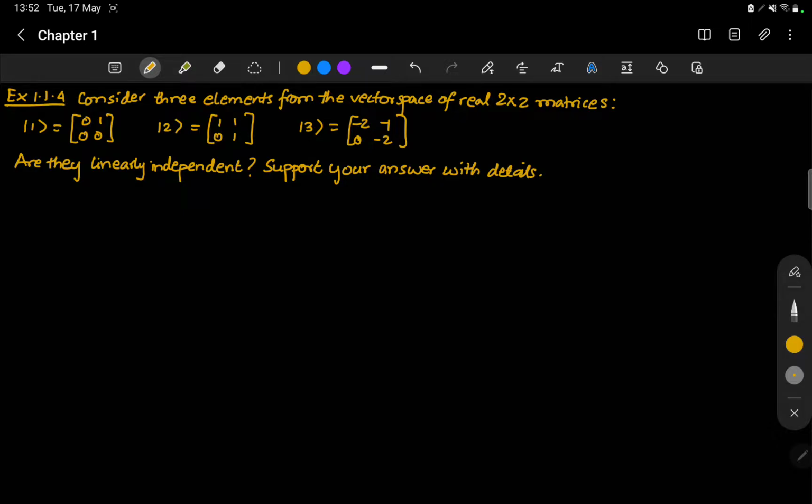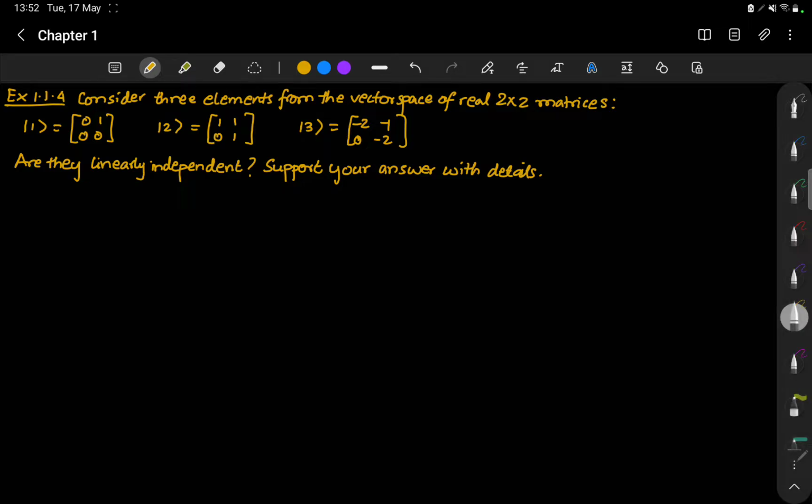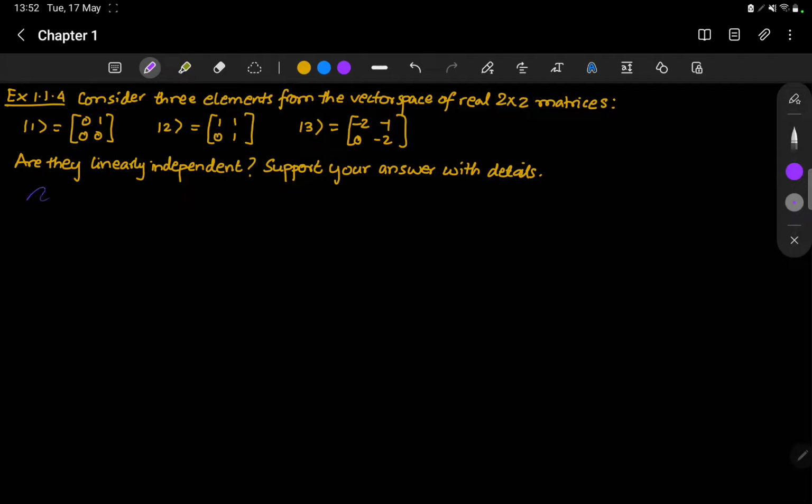So before we start solving this question, we need to make a note of a few points. First of all, the set of real 2 cross 2 matrices forms a vector space, a linear vector space.